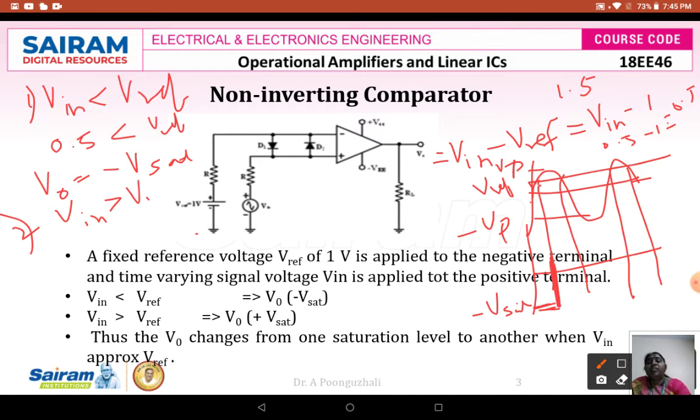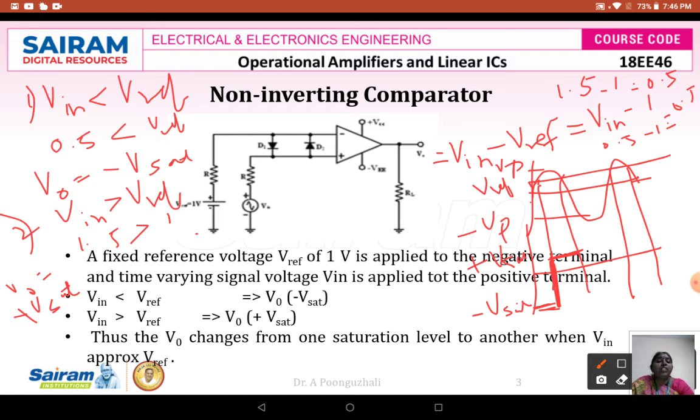I will take the example as 1.5 volts, so 1.5 is greater than 1. So 1.5 minus 1 is going to be 0.5 volts, which means my output voltage is positive. If my output voltage is positive, my output is going to go to plus V saturation. So this is your plus V sat.